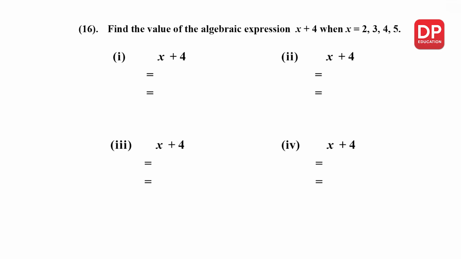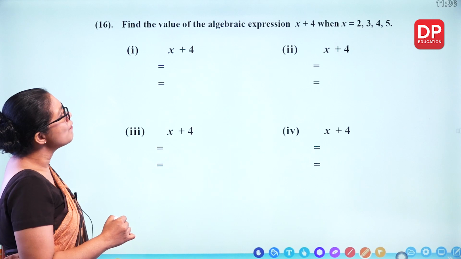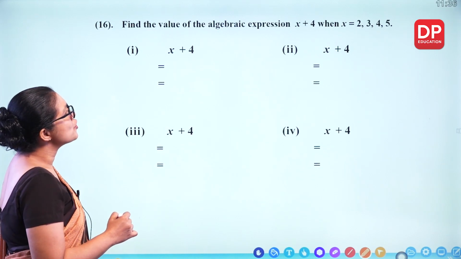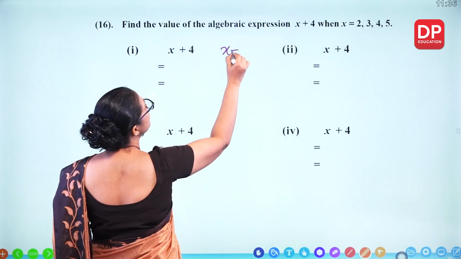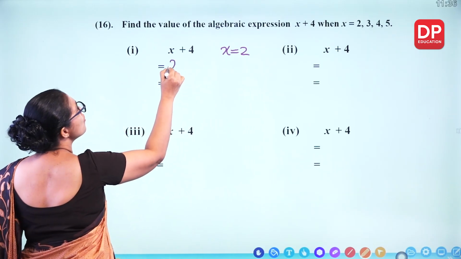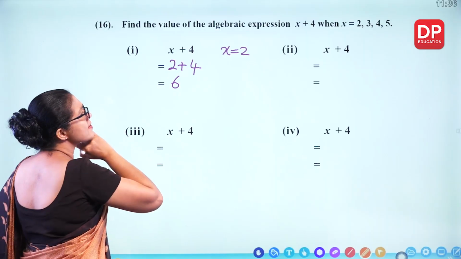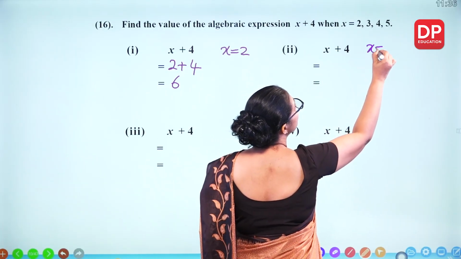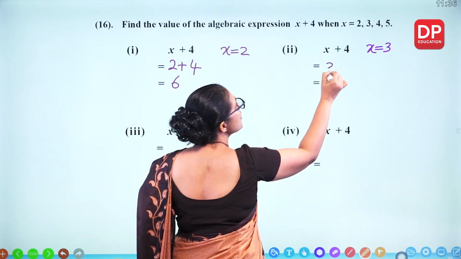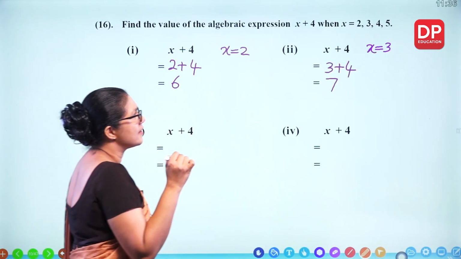Find the value of the algebraic expression X plus 4 when X equals 2, 3, 4, 5. So we'll substitute 2 first. X equals 2. So 2 plus 4, you get 6. Now we'll substitute X equals 3. 3 plus 4, that's 7.